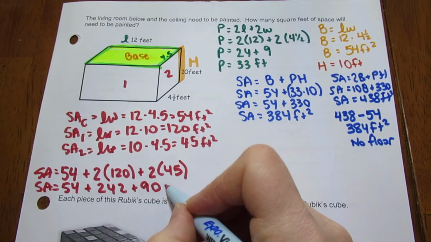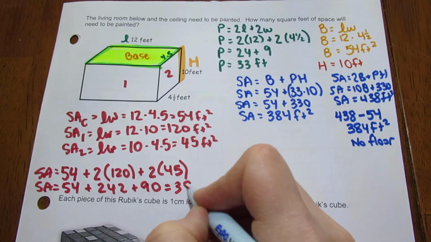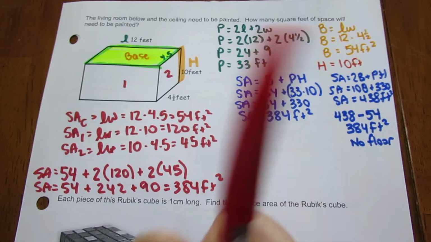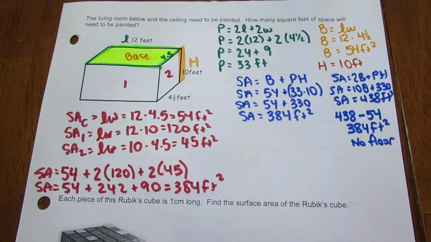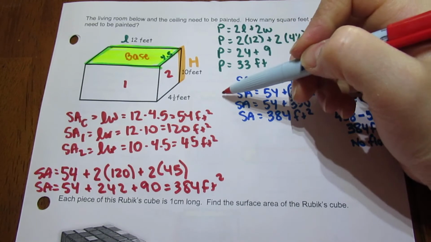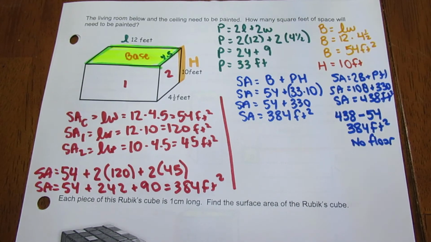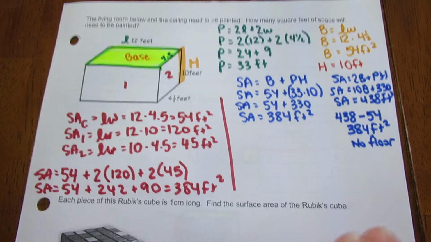That's our surface area, which would be 384 feet squared. Same answer as we had from the formula. So this one kind of comes down to personal preference, whether or not you like the formula method better or you like the sort of piecemeal putting together the net better. Excuse my movement of markers.